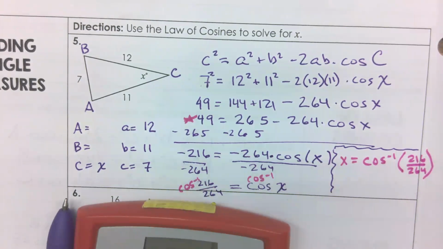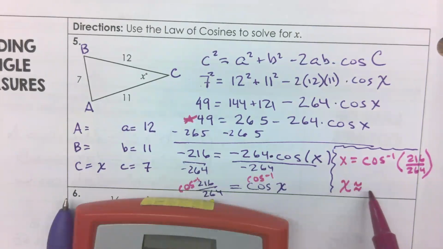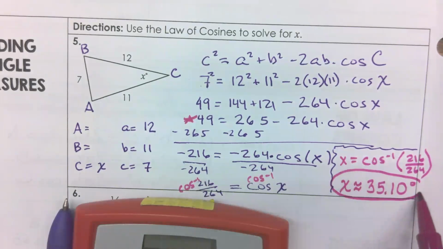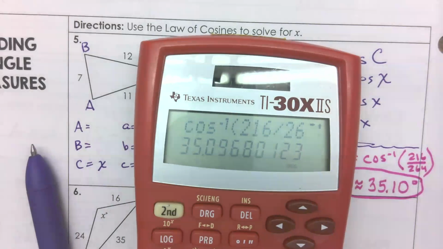That's fine. For rounding to the nearest hundredths, that would be 35.10. Right?